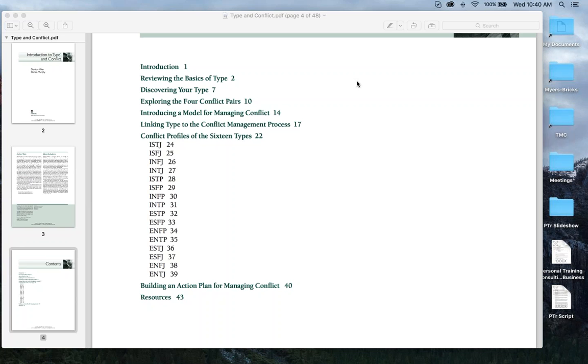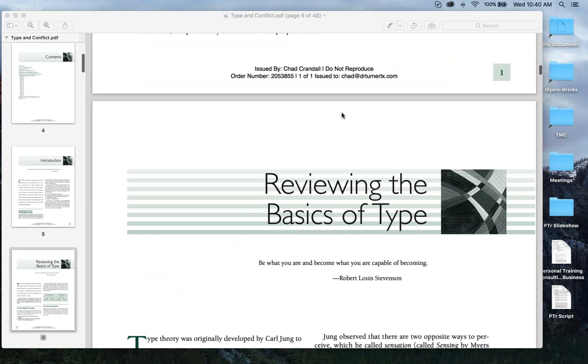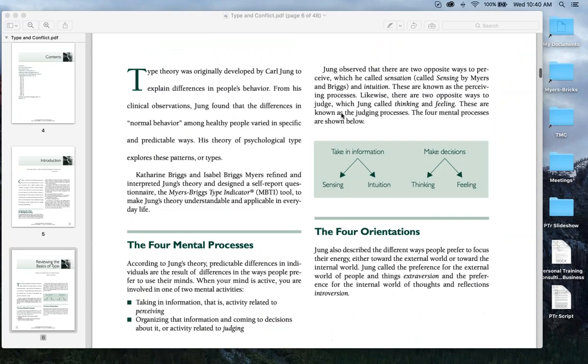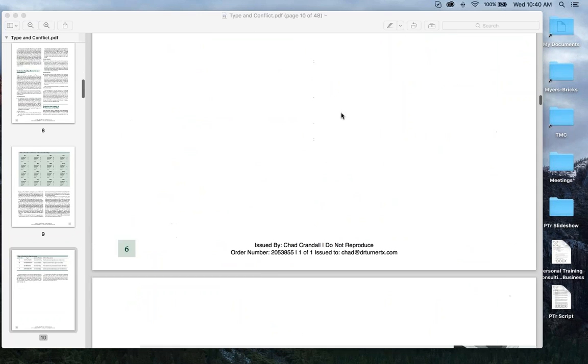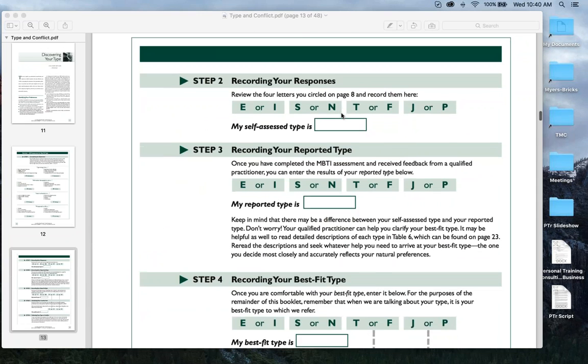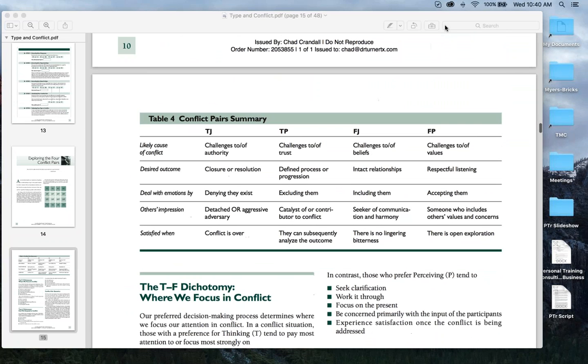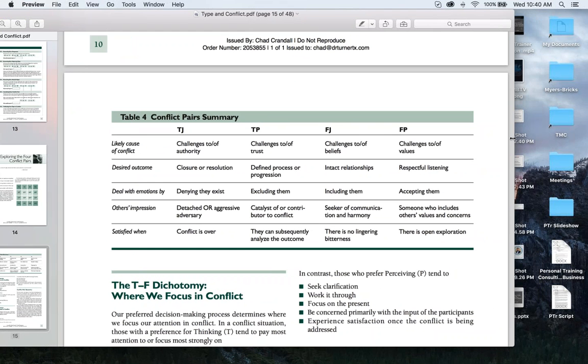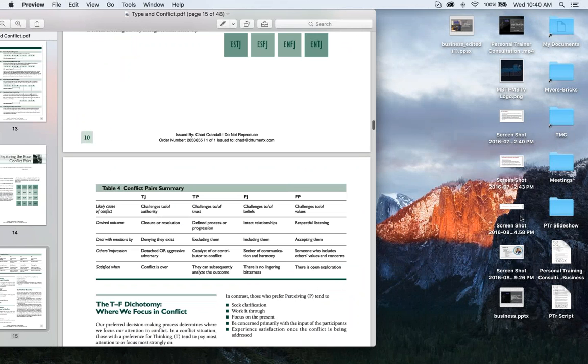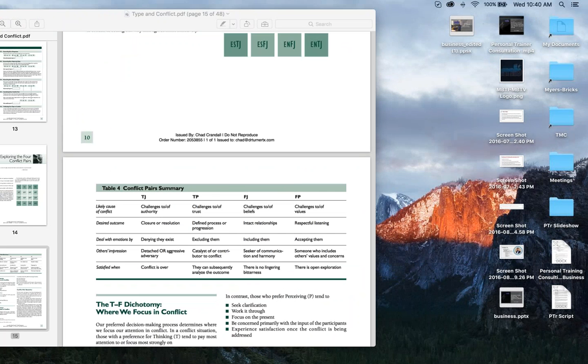So looking at this as we move down, it walks you through typology. Let's look at the point here, though. I think Eric, host of Talking with Famous People, and I talked about conflict a little bit on that particular channel.